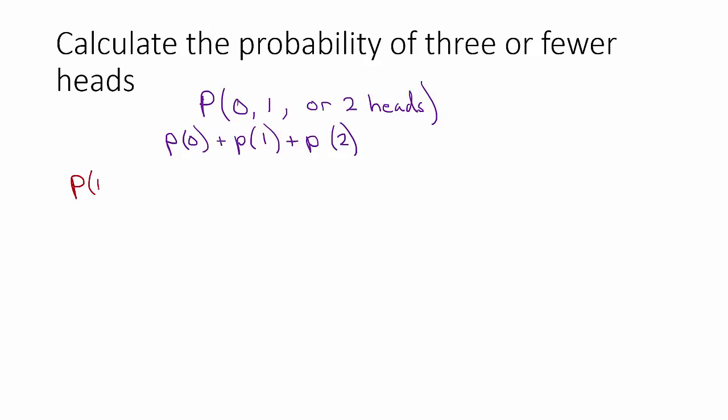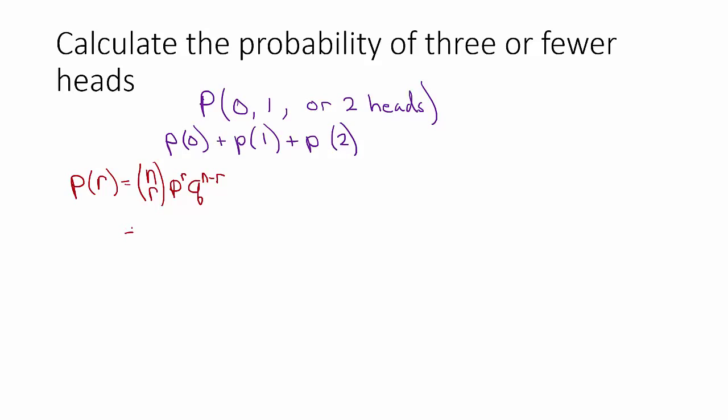So the probability of r successes is n choose r, times the probability of success raised to the number of successes, times the probability of failure raised to the number of failures.